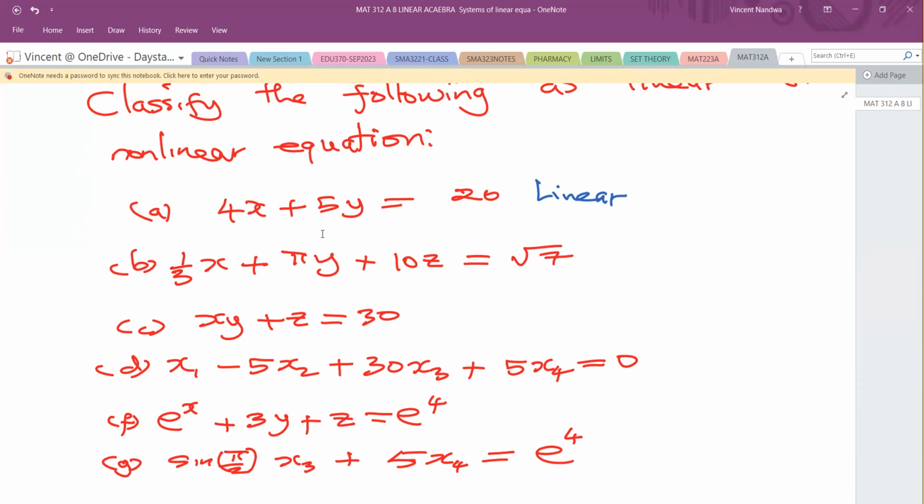Don't complicate the obvious. So this is still linear. Root 7 is also just another real number, okay? Yeah. C.